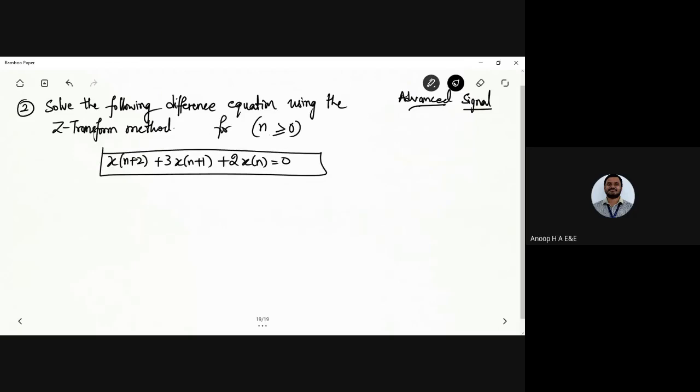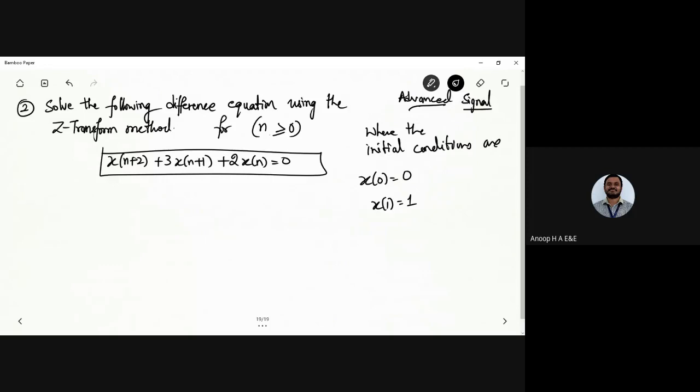Okay, so this is how you can do it, and the initial conditions are x of 0 equals 0 and x of 1 equals 1.